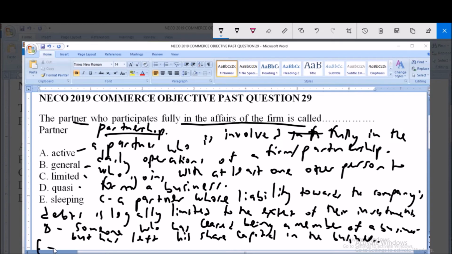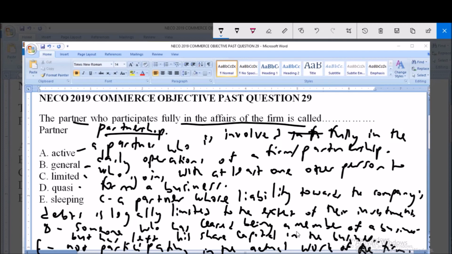And finally, E, sleeping partner, is a partner not participating in the actual work of the firm.